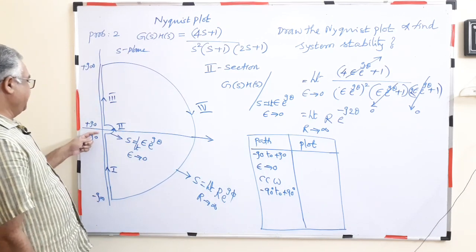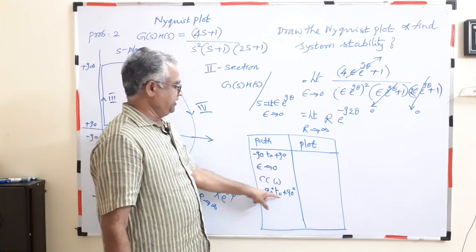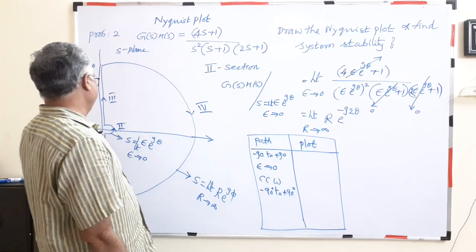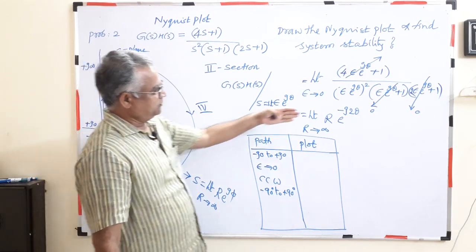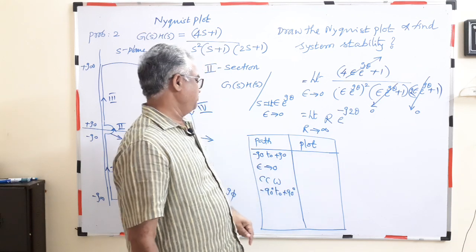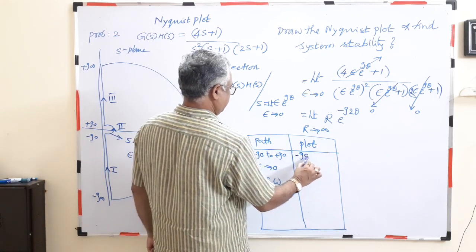This is minus 90 point, this is plus 90 point. These are the details written by observing the second section. By observing this, I have to write here. So as I said, this you take it as it is, don't change anything.